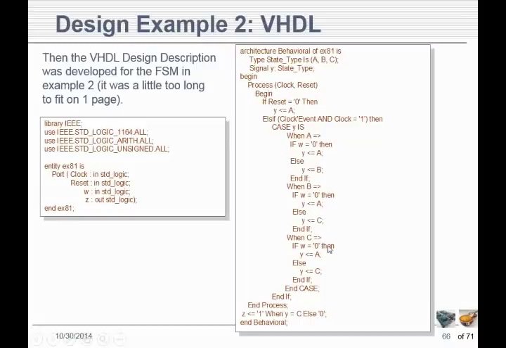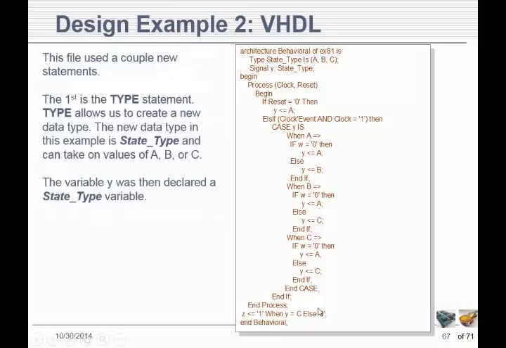No, else Y is assigned C. Okay, and then end that if, and then here when C, all this stuff, and then down here I finally go back up to my state types and my Q's and all that, and I say Z equals 1 when Y equals C, else it's 0. And I didn't care about the outputs of the flip-flops. I just didn't care about them. So I didn't have anything about the flip-flops all through here, did I?